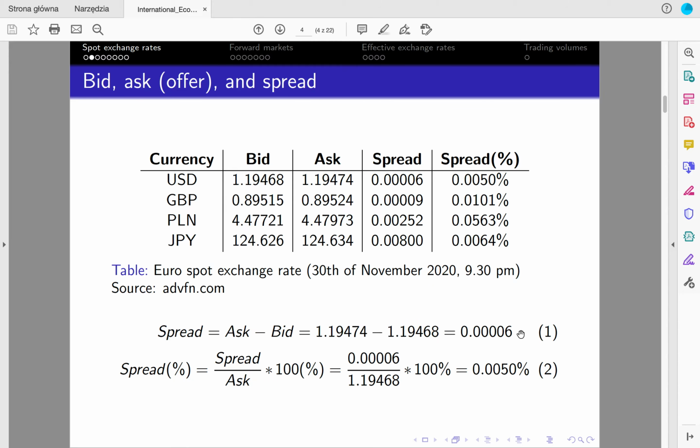You might say, well, this institution will not be able to make a lot of money. And of course, if you talk about the exchange when you're a tourist and you want to exchange your currency, that of course is true. But those spot exchange rates that I'm showing to you here are the ones offered by banks.